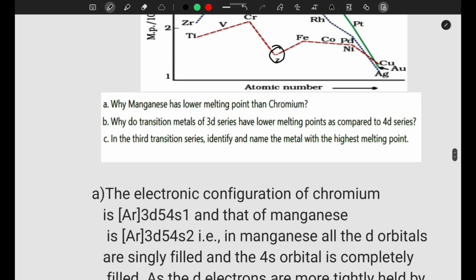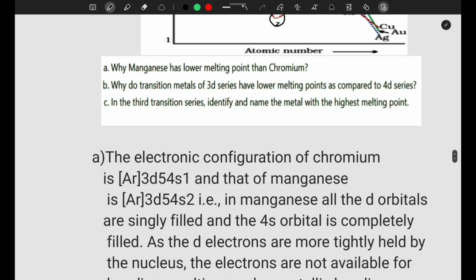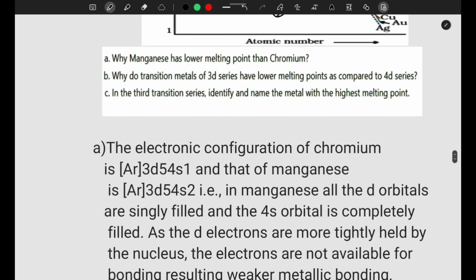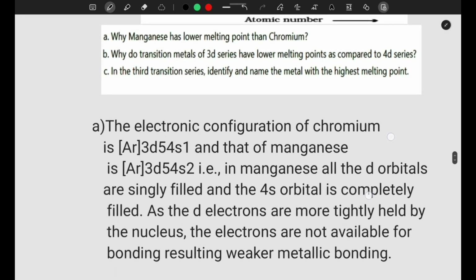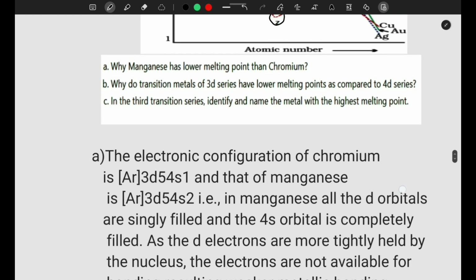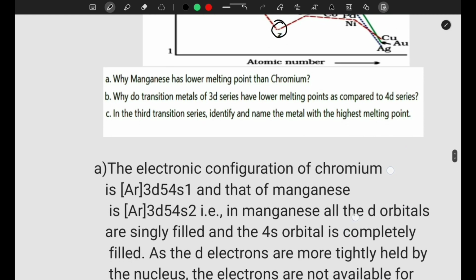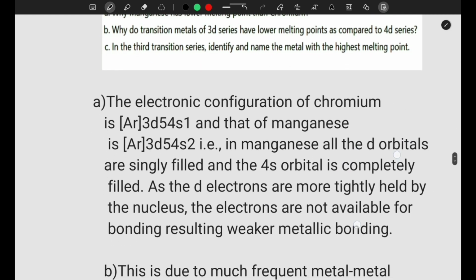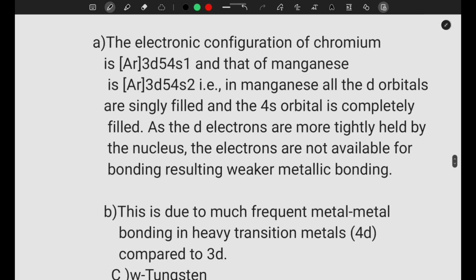In the case of manganese, the d orbitals are singly occupied and the 4s orbital is completely filled, and these 3d electrons are tightly held by the nucleus and are not available for bonding. So it takes part in weak metallic bonding only compared to chromium. The metallic bonding in manganese is weaker. Because of that, its melting point is low.